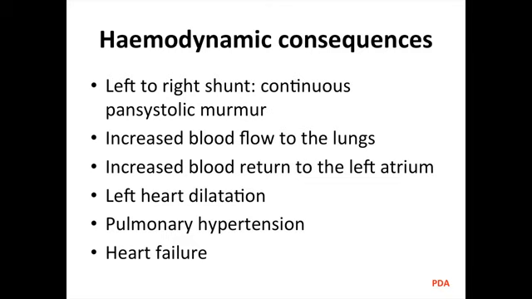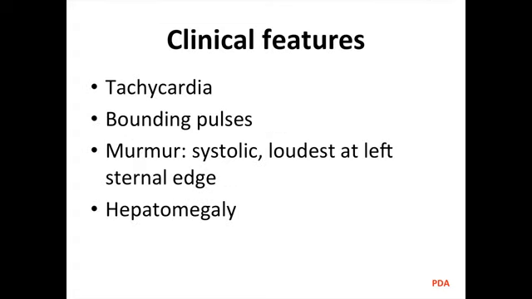There's a development of a left to right shunt, and this is heard in the form of a systolic murmur. It results in increased blood flow to the lungs, which results in respiratory distress, and increased blood return to the left atrium, causing left heart dilatation. It can lead to pulmonary hypertension and heart failure.